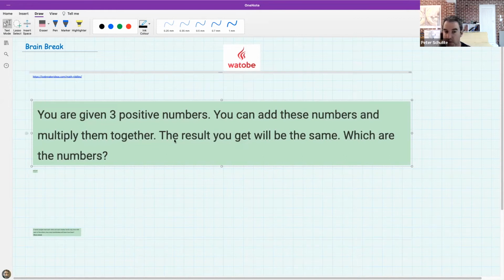So you're given 3 positive numbers. You can add these numbers and multiply them together. The result you will get will be the same. Which are the numbers?